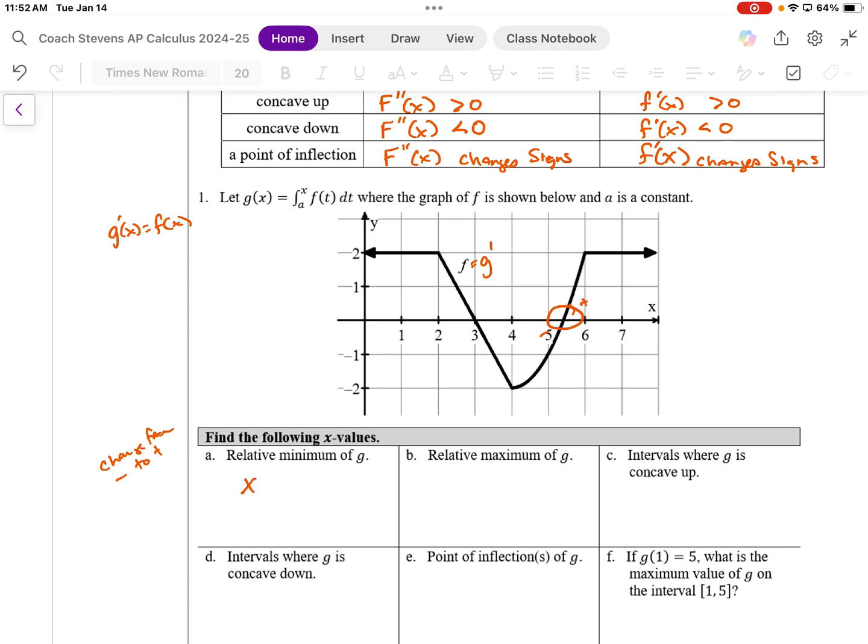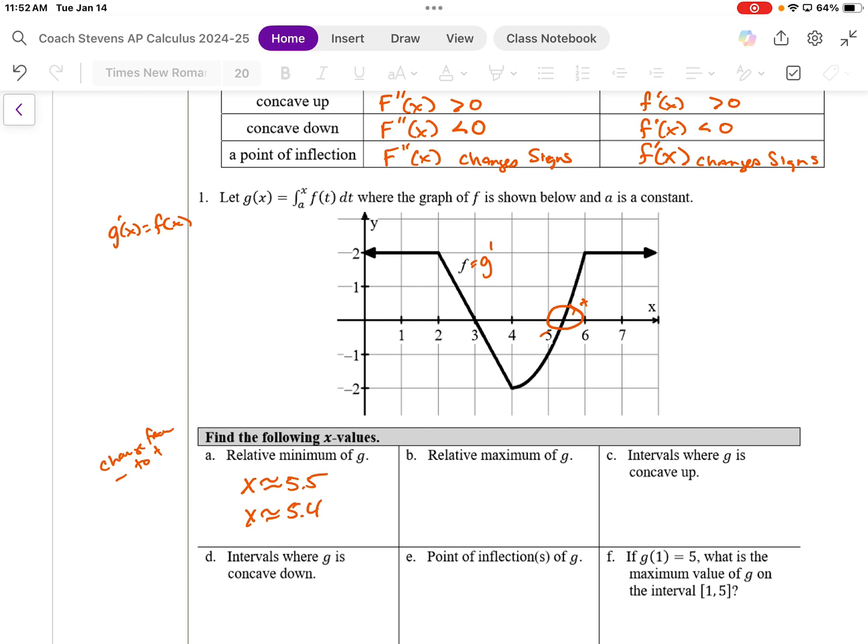So somewhere around x is approximately 5.4, maybe 5.5. It looks like it's a little bit less than the halfway mark, just a smidge. Most of the other times, as we do some of these other ones, it's going to be a clear cut whole integer amount, a whole number.